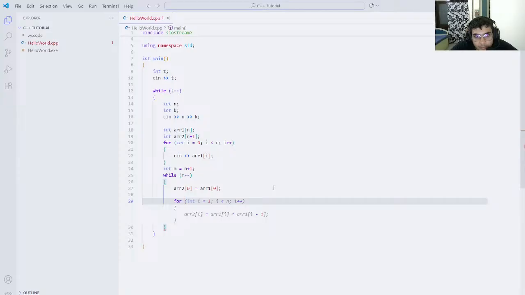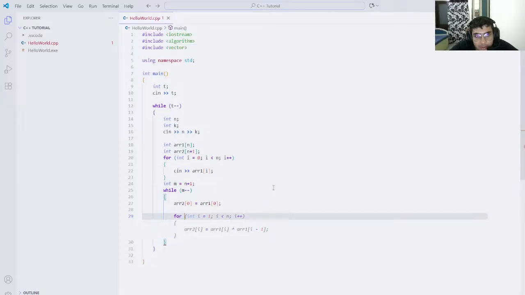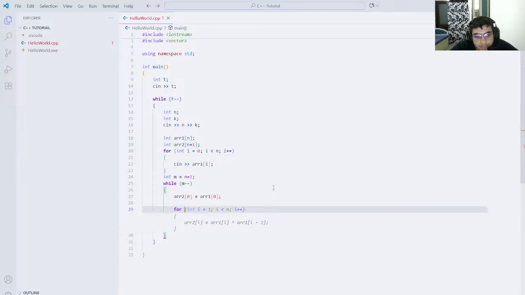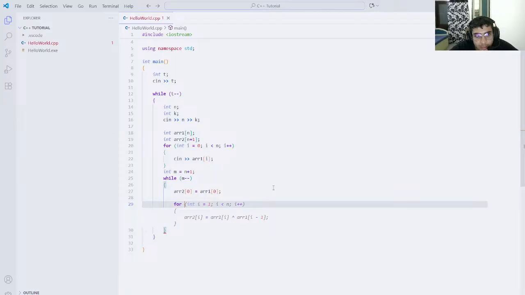Hmm. This is interesting. Very interesting. Let's just do this first and figure out do I need the while loop or not.